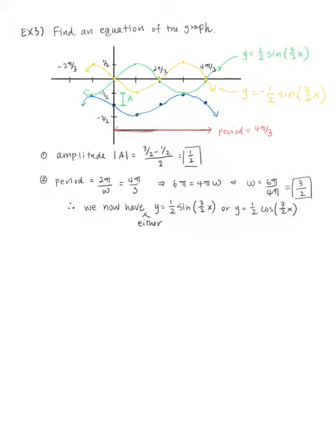All right, so don't worry, I'm gonna write everything out. So, okay, so note that the equation we want is y equals 1/2 sine of 3/2x reflected about the x-axis.